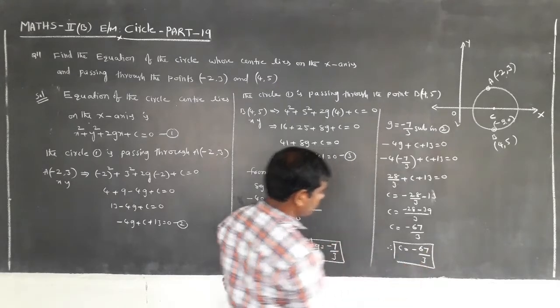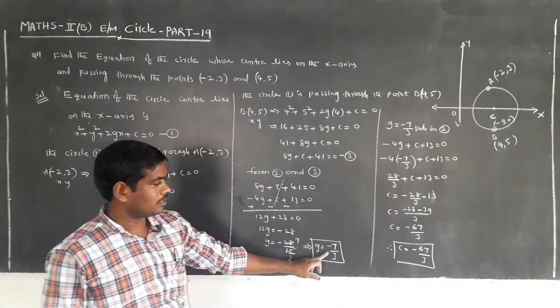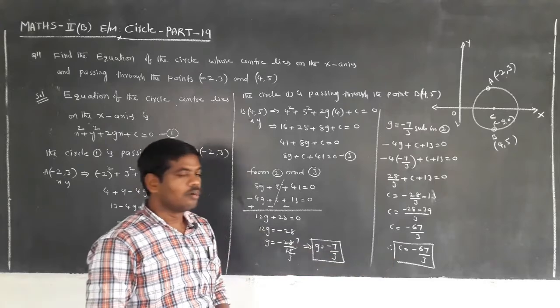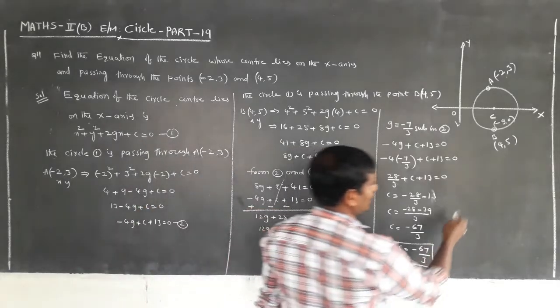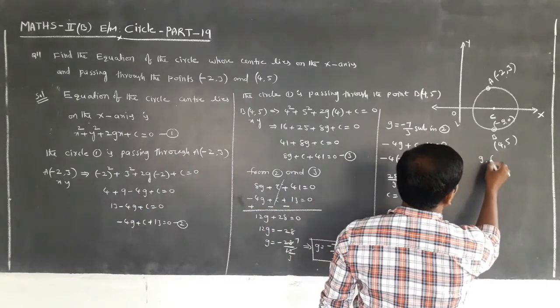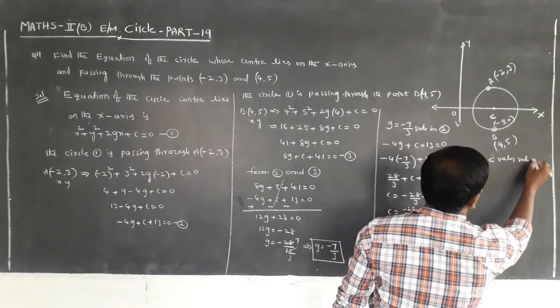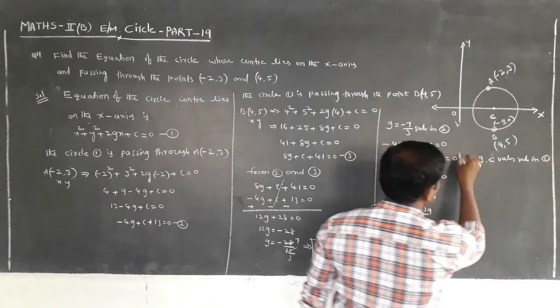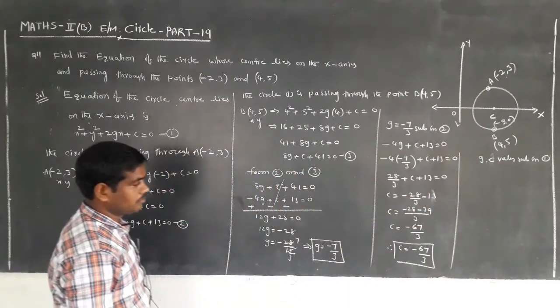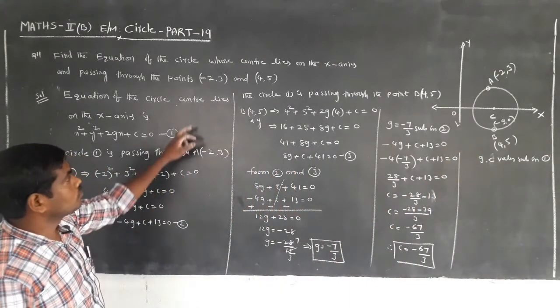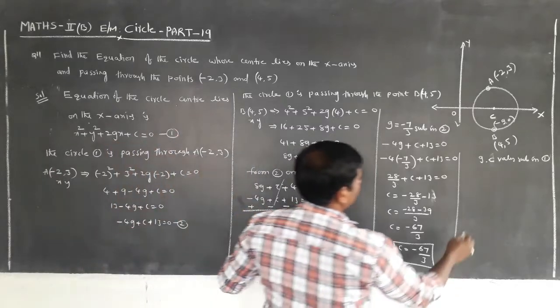G is equal to minus 7 by 3, and c is equal to minus 67 by 3. Substitute the g, c values in equation number 1.